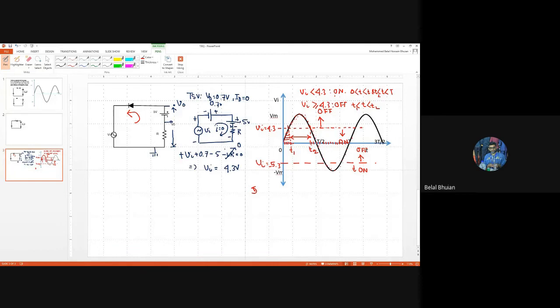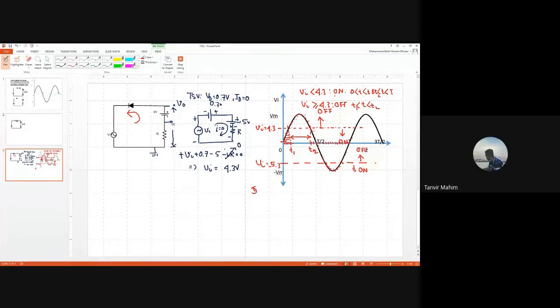It is off for the voltage above the transition state line, but in that case the only thing is that the range is different. So for example, in terms of time, the range is from here to here for all the voltage the diode is off. Again from here to here for all the voltage the diode is off, and the diode is on only for this range.